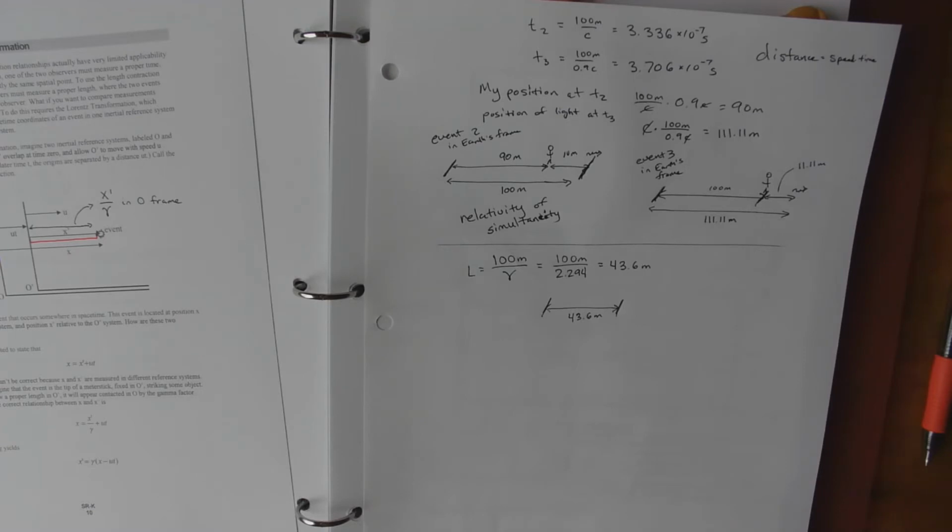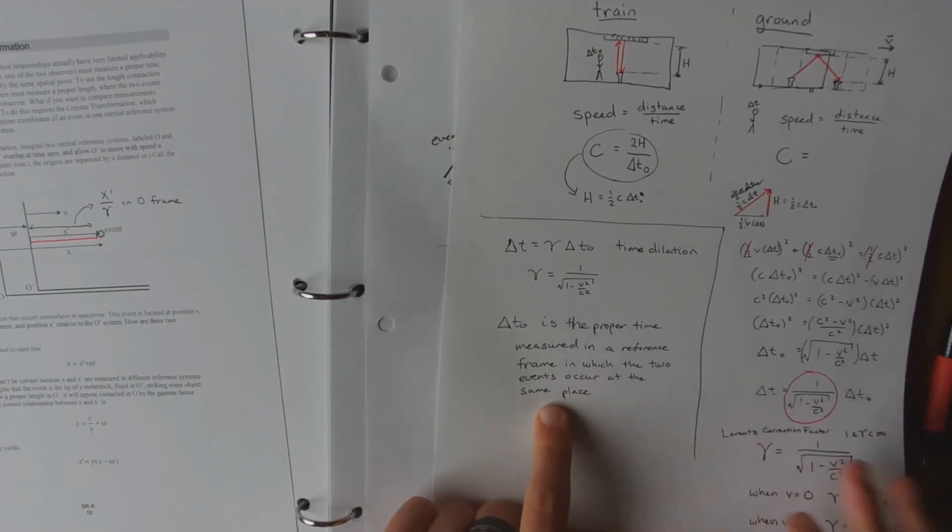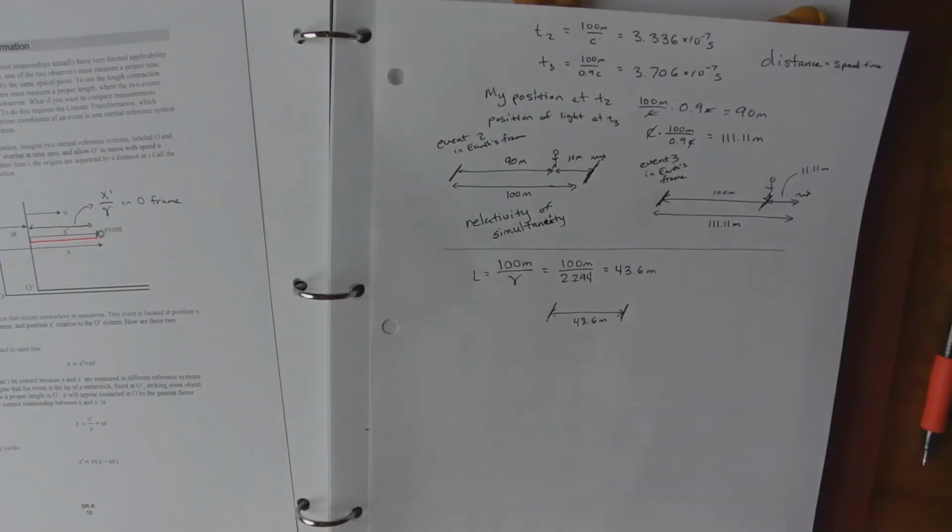What we can do is consider you starting the race and you finishing the race. In your reference frame, those two events take place right where you are, which means the two events occur in the same place, so you measure the proper time.